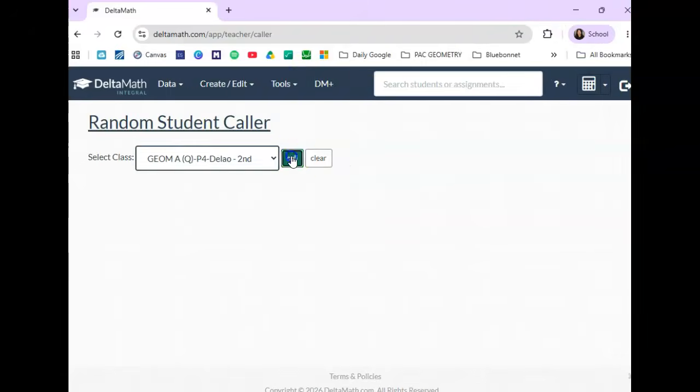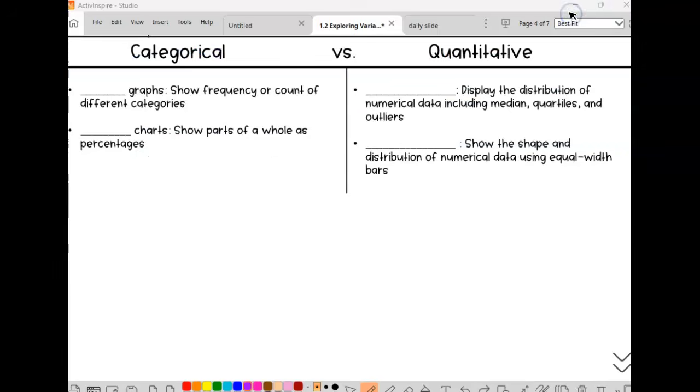Random caller, Jasmine. So categorical is more like quality. But age is not quality. Yeah, quantitative. So we're going to put it under this category. Quantitative.